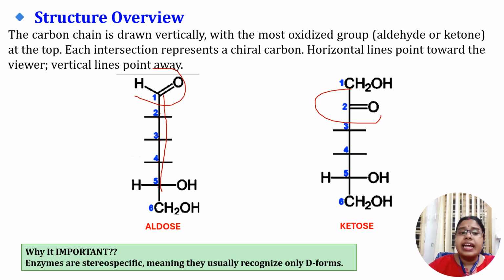Why is this D and L configuration so important? Because in our body, all the metabolic functions are carried out by enzymes, and the enzymes are stereospecific, meaning they usually recognize either D forms or L forms, but in the case of carbohydrates, they mostly recognize the D form. So that's why it is very necessary to understand what the D configuration and the L configuration are.